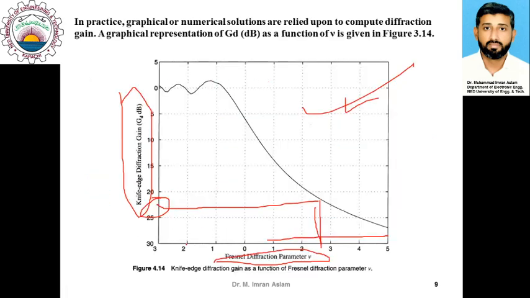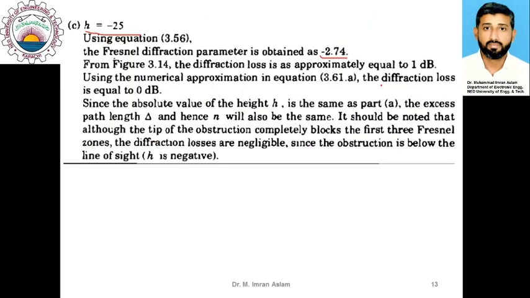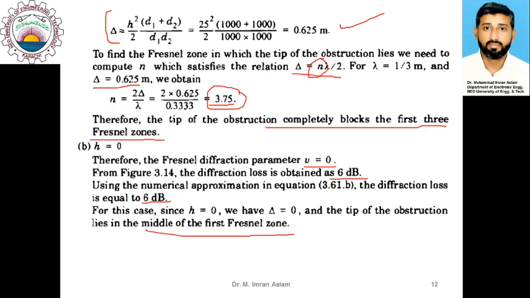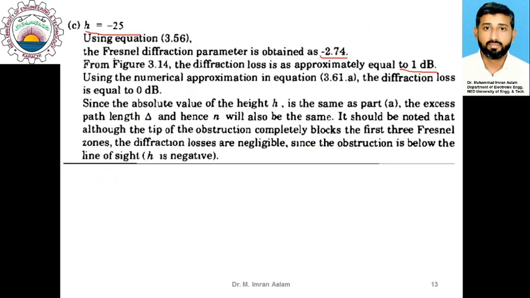Okay, minus 2.74 would be somewhat here. There will be some loss here. You can see this loss comes out to be 1 dB only from the graph, but from the numerical approximation, because nu less than minus 1 corresponds to a loss equal to 0, this would give a 0 dB loss.